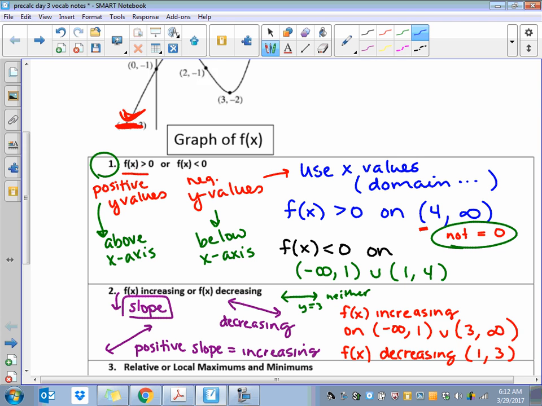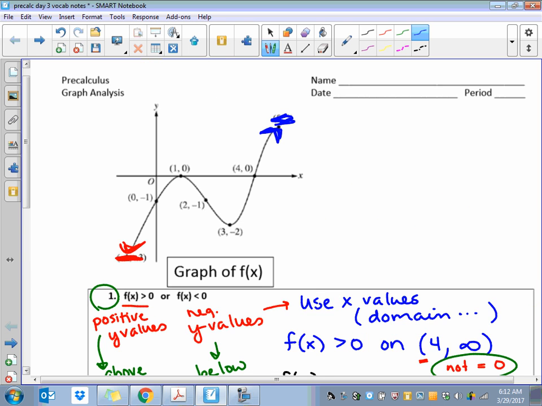Remember, those are not ordered pairs. These are intervals of x values. So if I go back up to the graph: increasing, decreasing, increasing. Once again, easy to tell when you're looking at a graph.